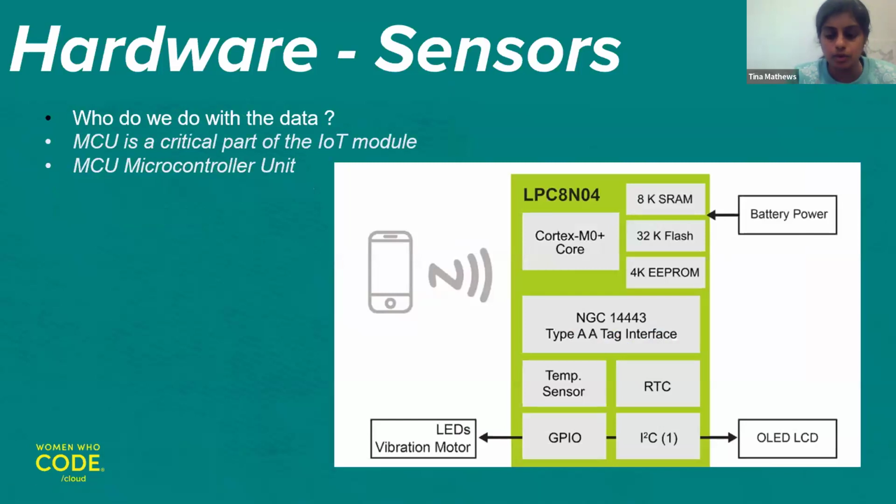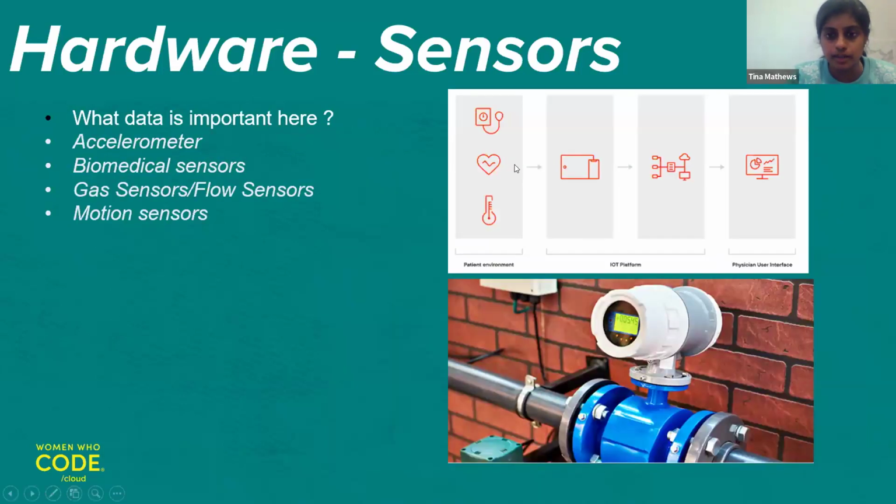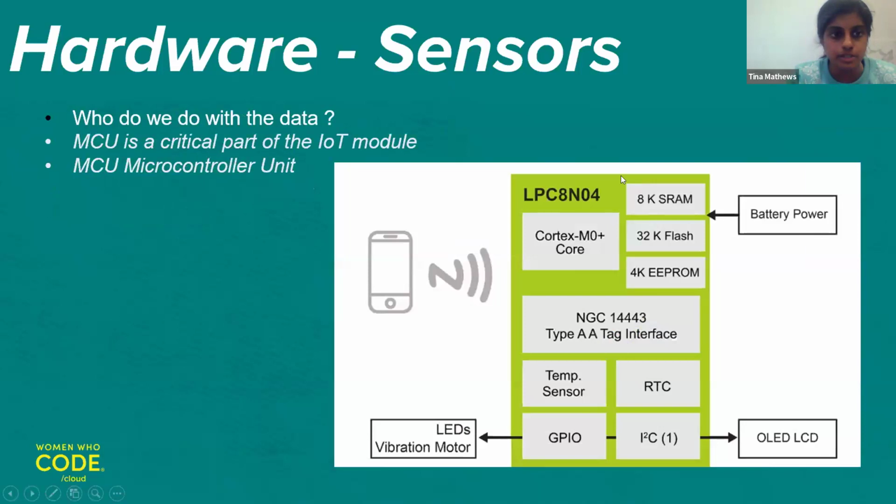Now, we've received all the data over here. How do we actually put them out? Once we get data, in this case from a temperature sensor, we need to use some sort of MCU or microcontroller unit. This is an NXP microcontroller unit. It takes the data from the temperature sensor.